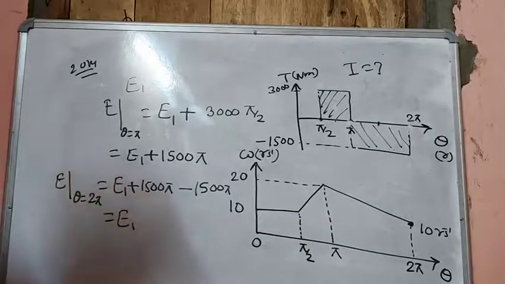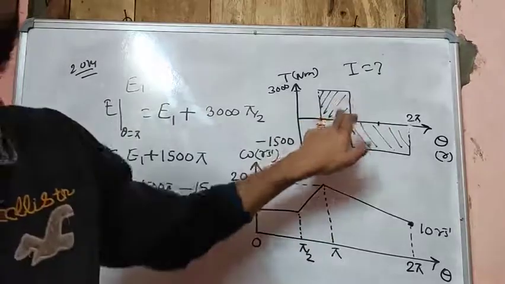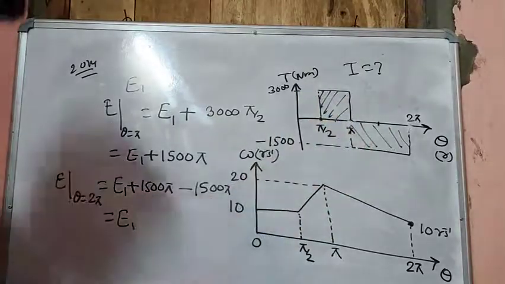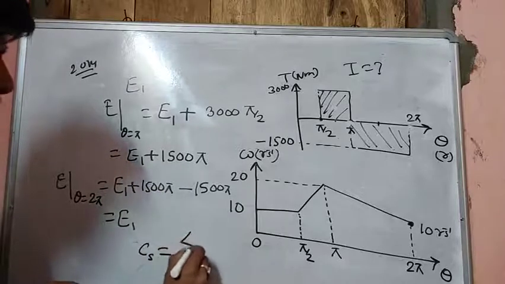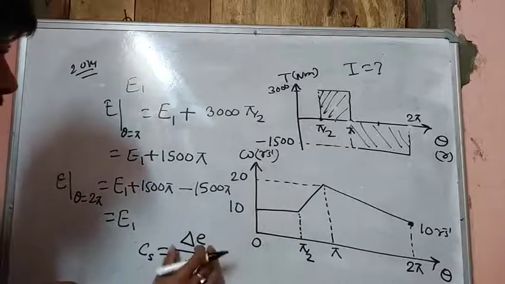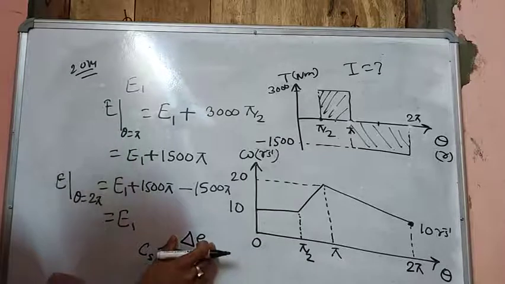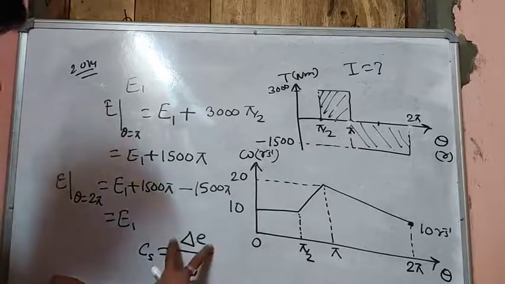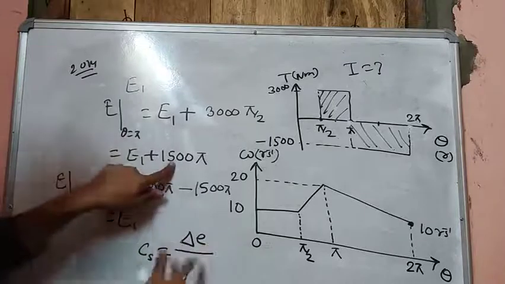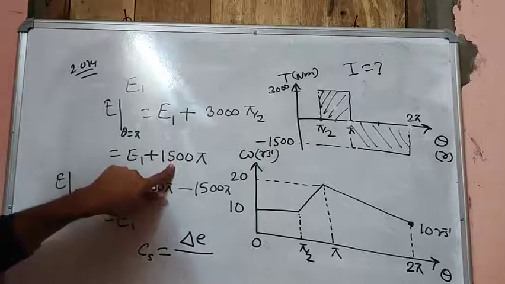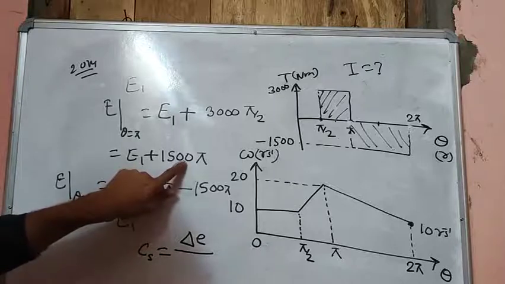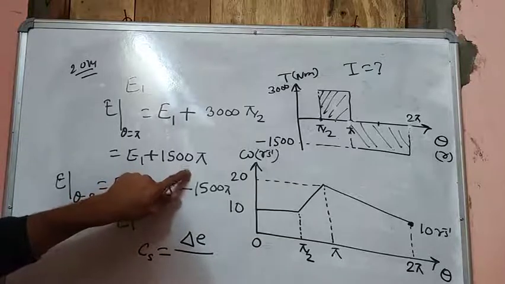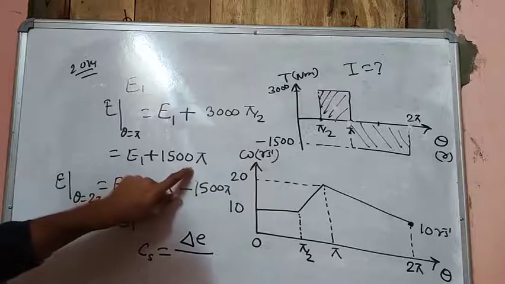Now how do we relate the moment of inertia with the energy? As we know, coefficient of fluctuation of speed is equal to the maximum fluctuation of energy throughout the cycle divided by the mean kinetic energy. What is the maximum fluctuation of energy throughout the cycle? It is 1500 pi. This 1500 pi is the extra amount of energy that is supplied to the flywheel, or the system.